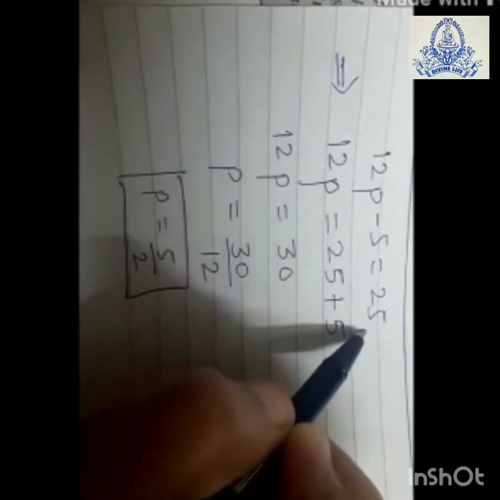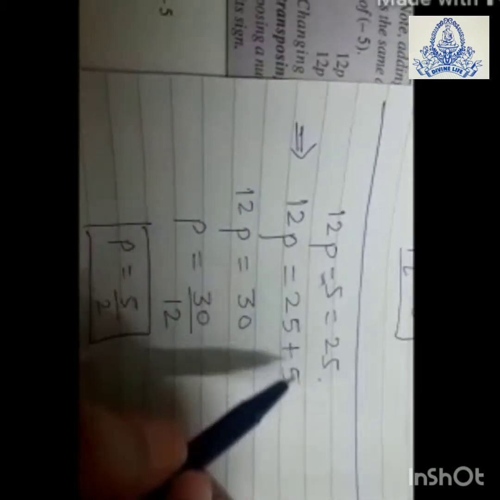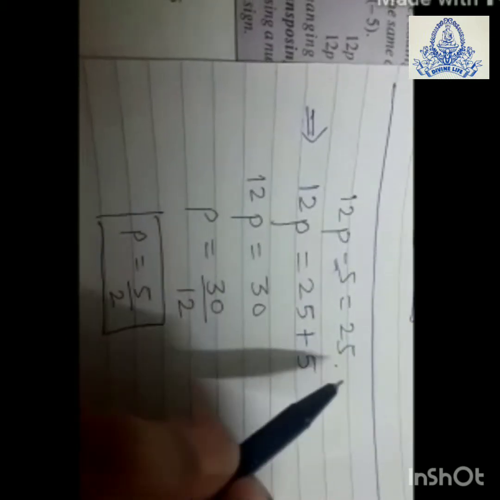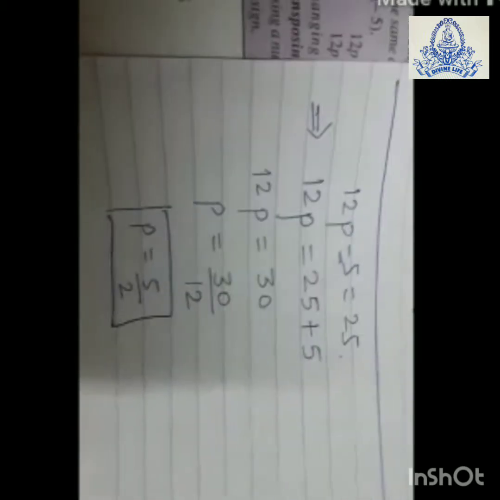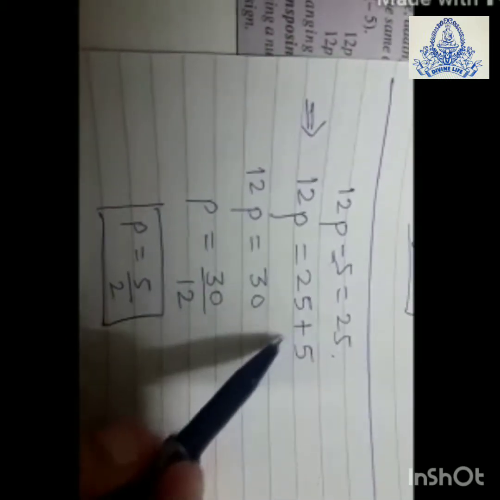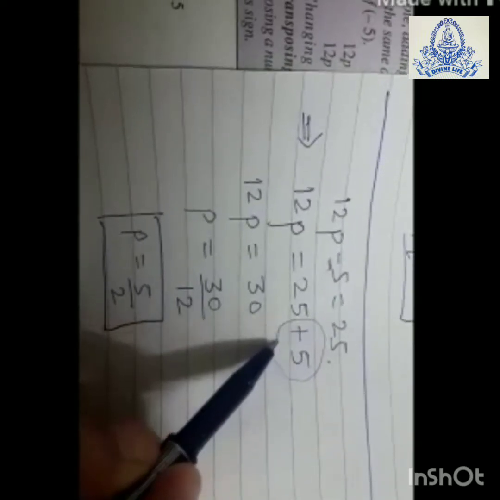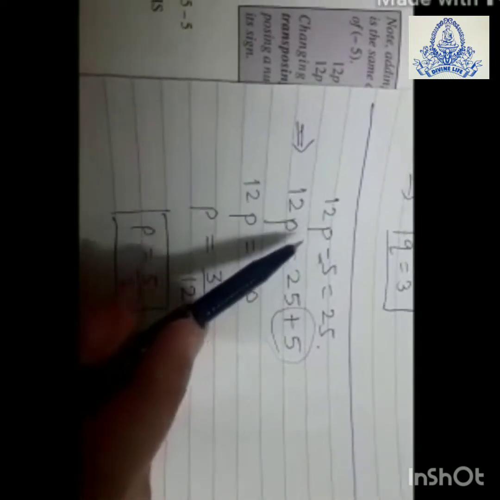See this example, equation 12p minus 5 is equal to 25. Now see this minus 5: I have taken this minus 5 to the RHS and it has become plus 5. I have just changed the side of this number.